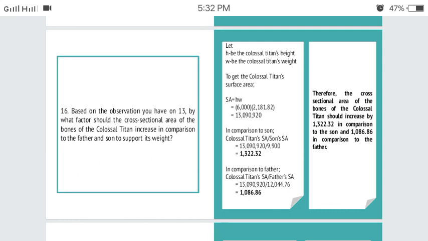So in comparison to the father, the colossal titan surface area over the father's surface area, that is 13,090,920 over 12,044.76, which is equal to 1086.86. Therefore, the cross-sectional area of the bones of the colossal titan should increase by 1322.32 in comparison to the son and 1086.86 in comparison to the father.